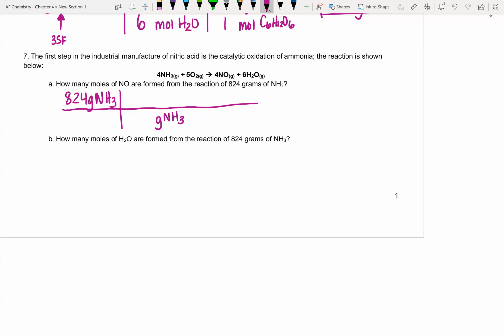I can't do the mole-to-mole ratio yet because I haven't canceled these grams. So from grams, I need to switch to moles using the molar mass. Now to cancel out those moles of ammonia, I can drag it to the denominator. So here is the first time that I'm seeing moles in the denominator. So that means moles are going to go into the numerator.